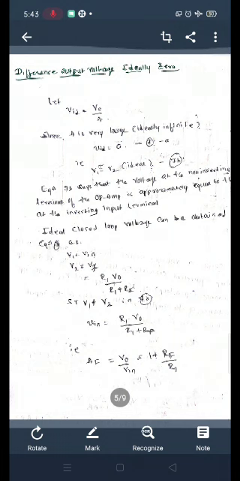Substituting in equation 7b, V1 is equal to Vin, and V2 is Vf. The value of Vf is R1 into V0 divided by R1 plus RF. Therefore V0 by Vin, the output voltage by input voltage, is equal to 1 plus RF by R1. So this is how we find the ideal closed loop gain.